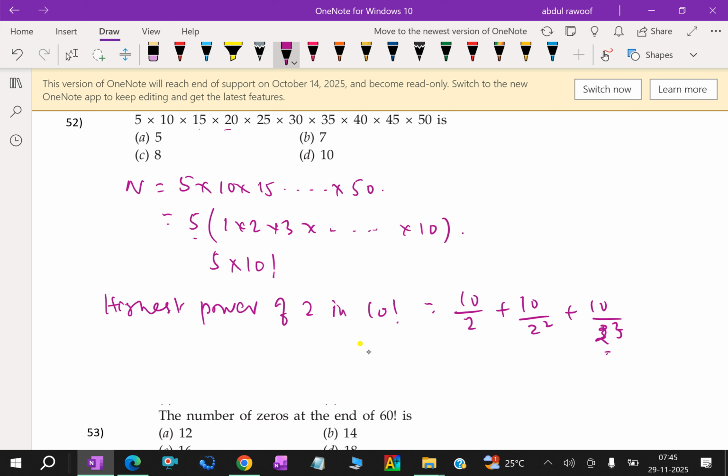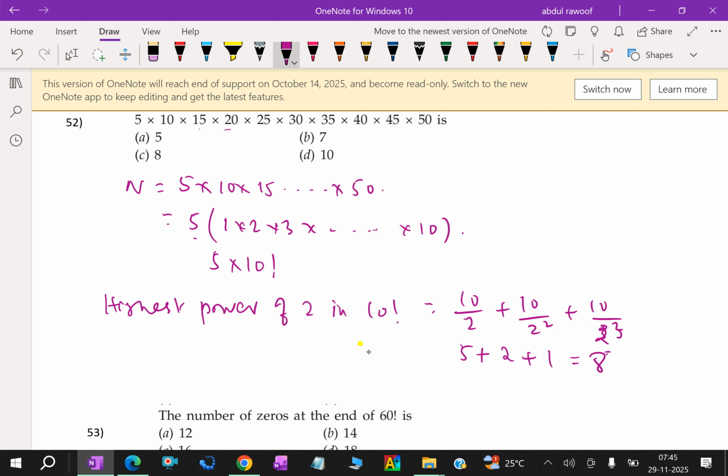So here, 10 by 2 factorial, 2 square is 4. It is 2.5 comes, but you have to take 2, the whole integer. Here also 1, because 10 by 8, the whole number is 1.